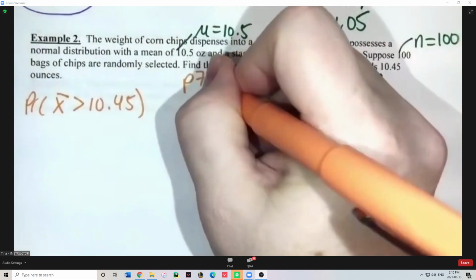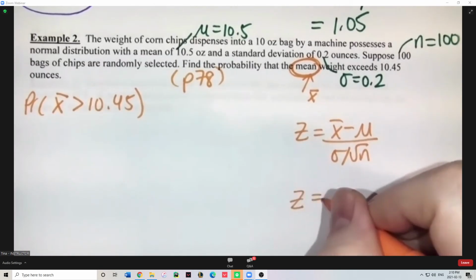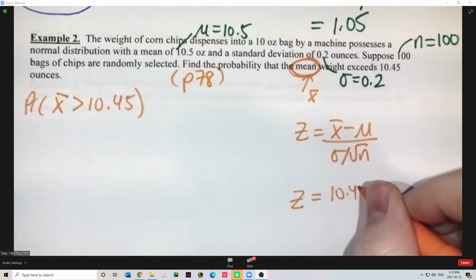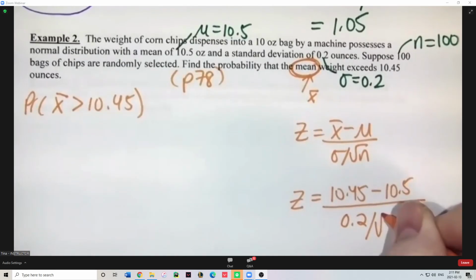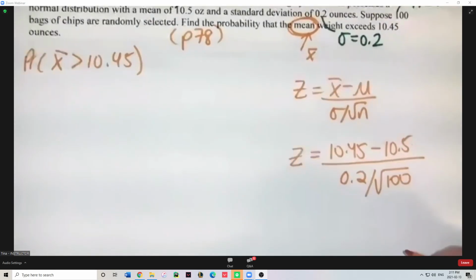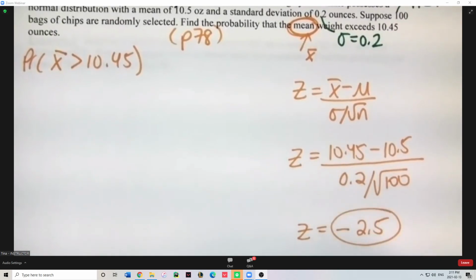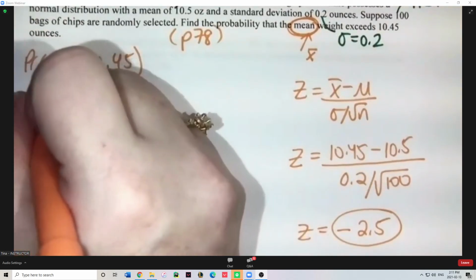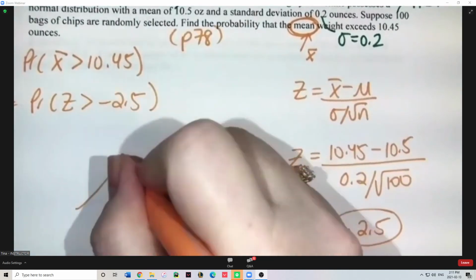We're on page 78. Okay, so we have X bar 10.45 minus 10.5 all over sigma over root n. So we have Z equals negative 2.5. So draw it out.